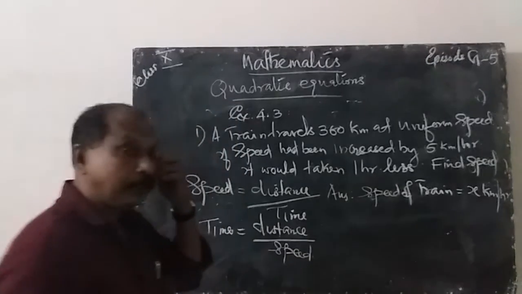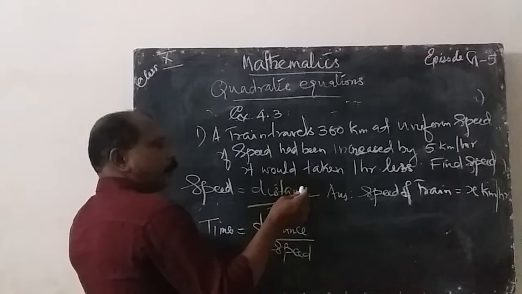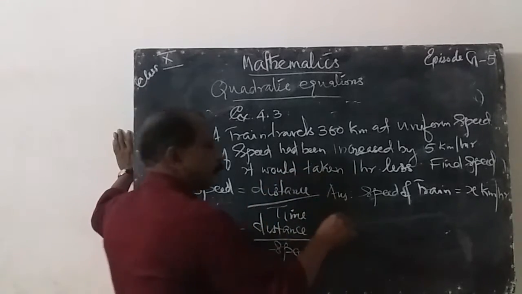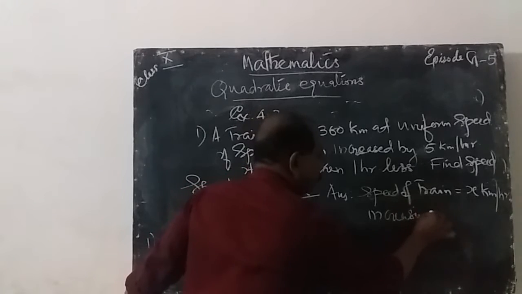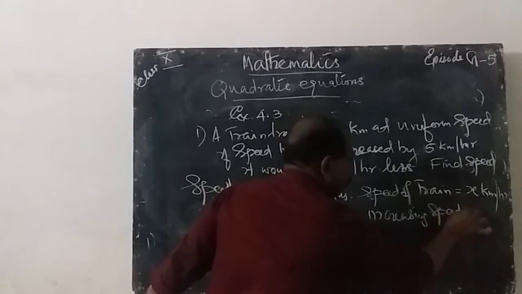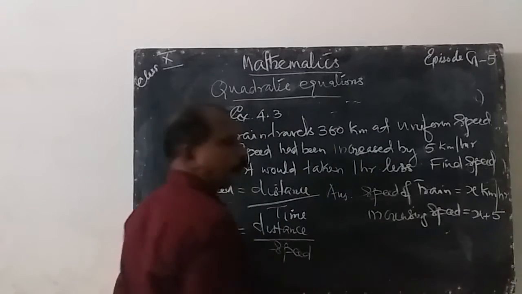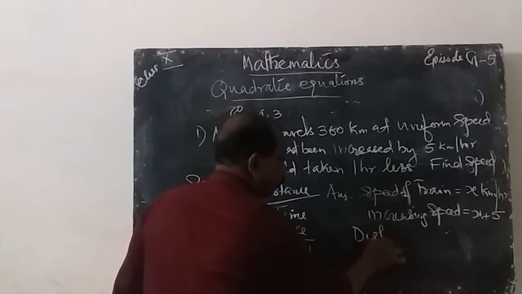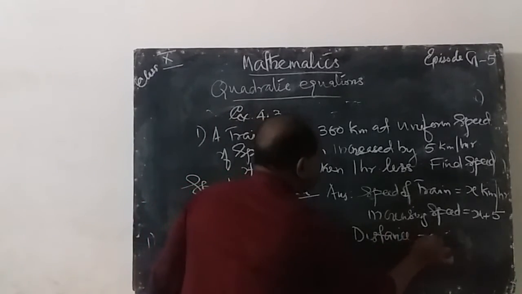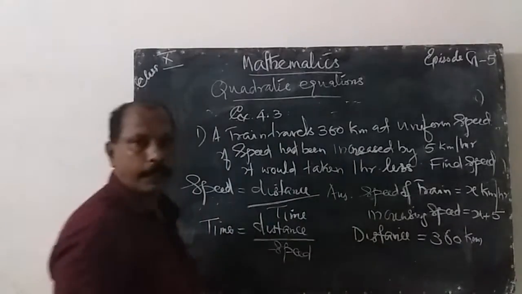Increased speed is equal to x plus 5, as 5 kilometer is the increase. The distance is equal to 360 kilometer.